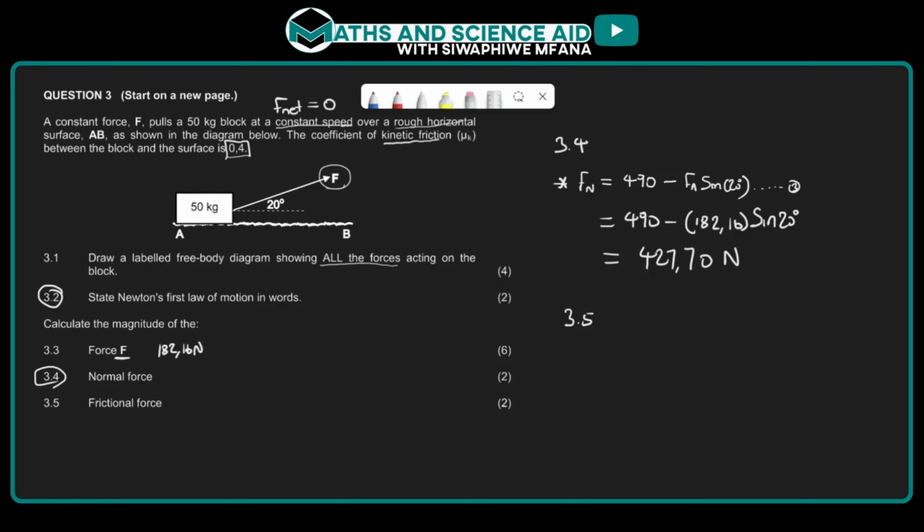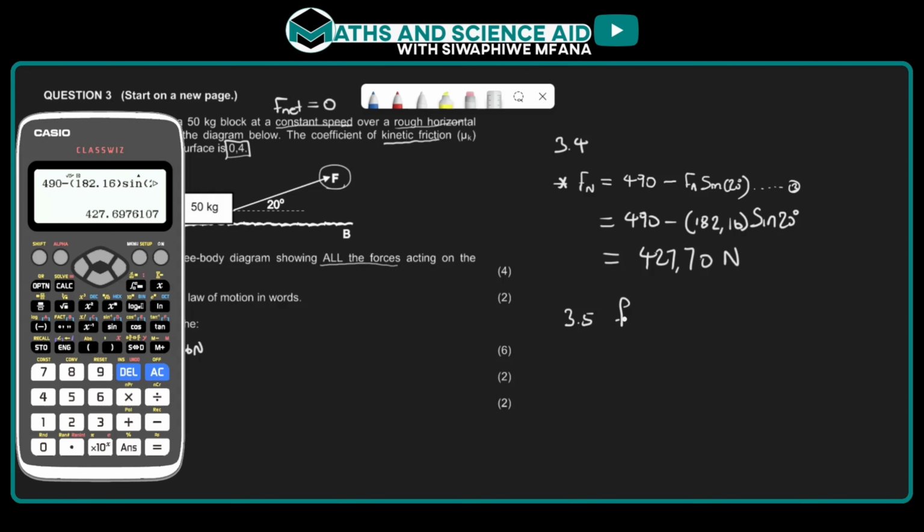being asked to find or to calculate the magnitude of the frictional force. So this one is easy because we know that the frictional force, which will be kinetic friction in this case, will be given by the normal force multiplied by the coefficient of the kinetic friction.